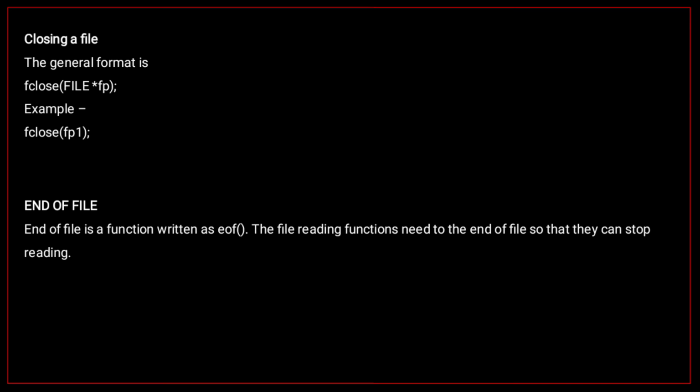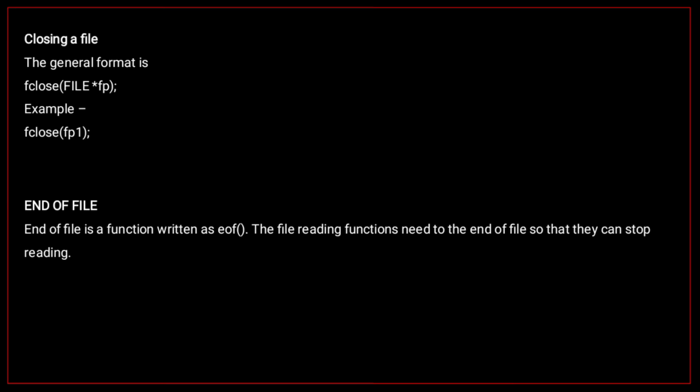Next is end of file. End of file is written as EOF. The file reading functions need to detect the end of file so that they can stop reading. When the end of file is reached, the operating system sends an end of file signal to the program.